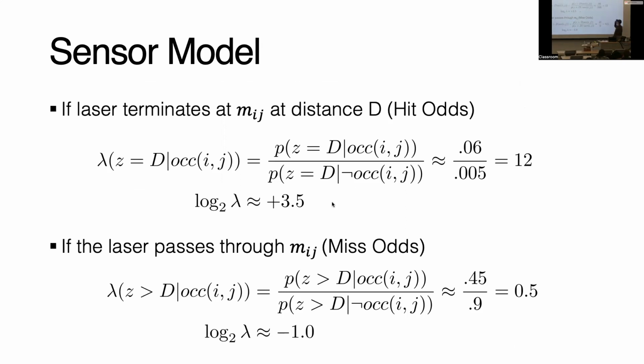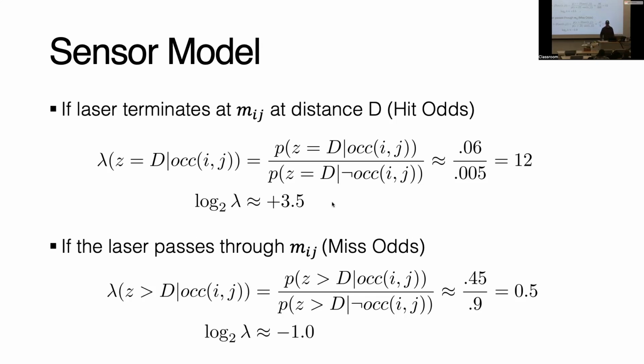But how much should we do it by? Well, we need to look at the probability of getting that measurement D given the cell was occupied, divided by the probability of getting that measurement D given the cell was not occupied.